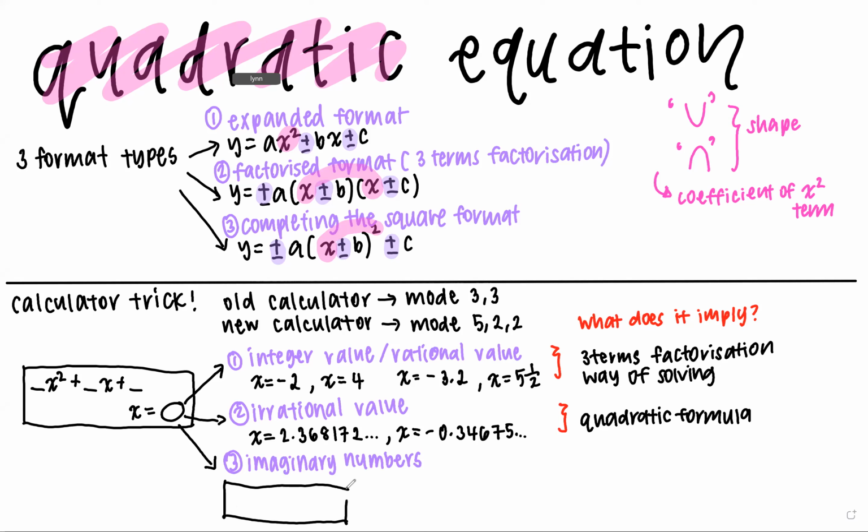Then can you see there's an x square, x, and a constant number? I want you guys to press 6, then equal. Then press 1.2, then equal. Then press 3, then equal.